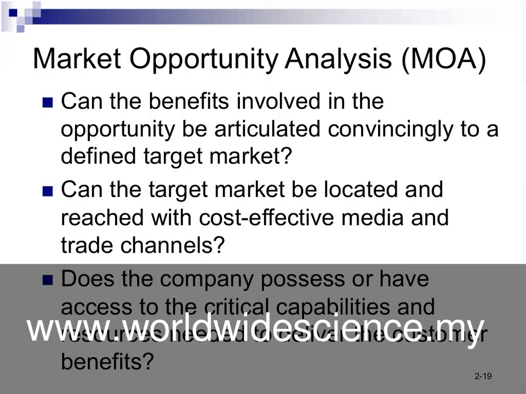So make sure there are customers there. Make sure that you can communicate with the customers in a cost-effective way. And lastly, make sure you can get the resources needed to get it done.